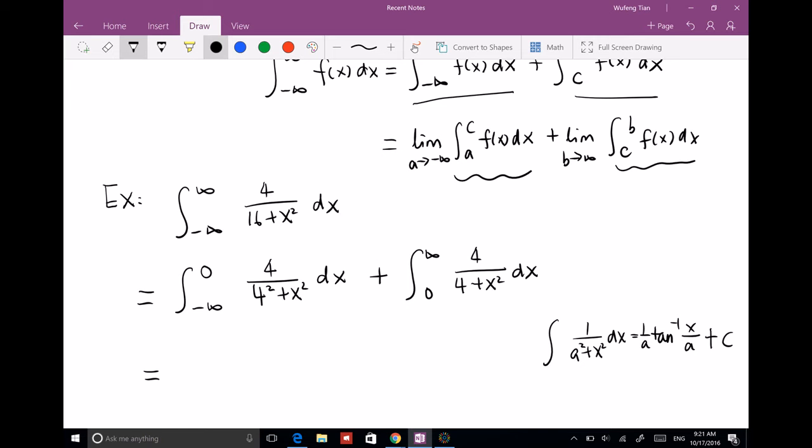Okay, so let's continue. Have you done? So I would like a student to help me with this one. Can any volunteer help me continue here?